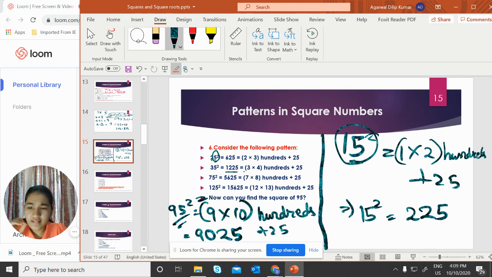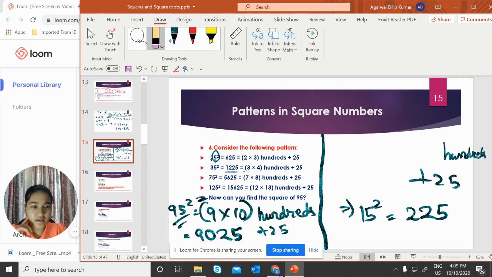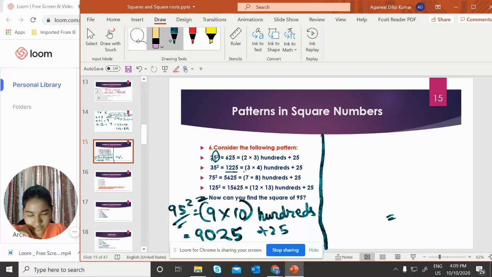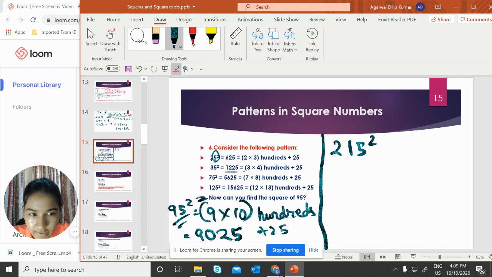If you have to find the square of any big number, whichever number you feel like, let's take a very big number. 215 square is equal to 21 into 22 hundreds plus 25. We have to take the first two digits if it's going to be a 3-digit number. If it's 2-digit, we'll take the first digit.